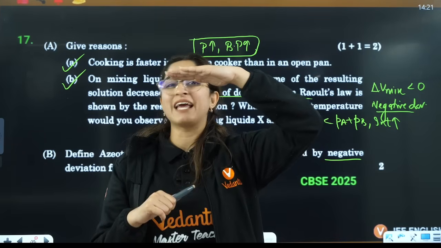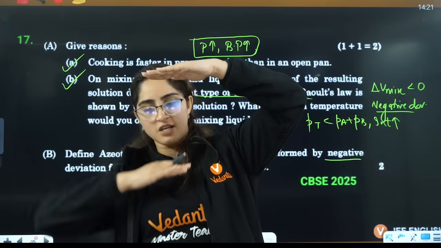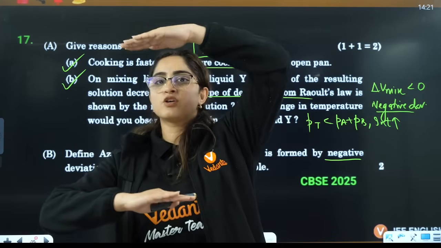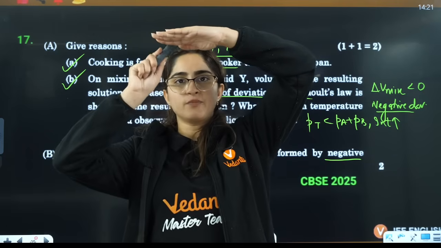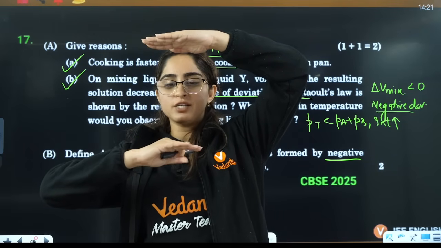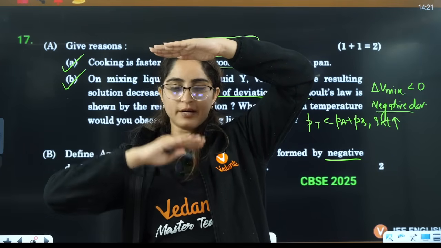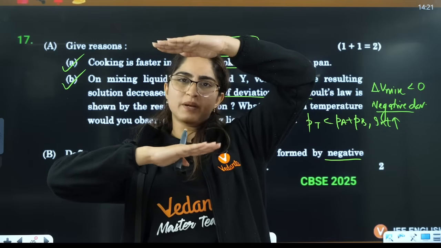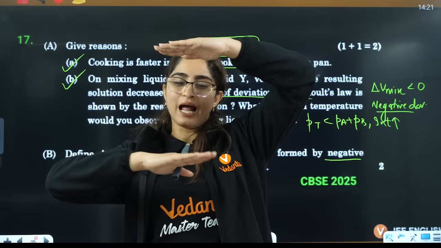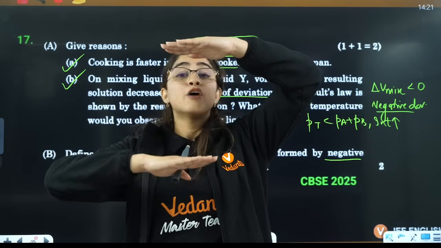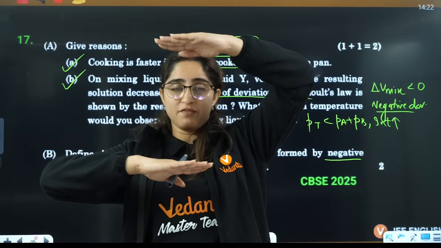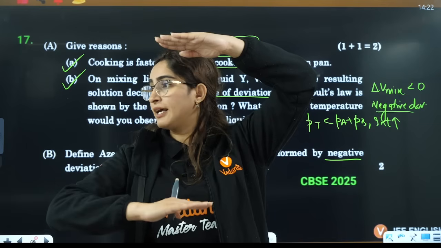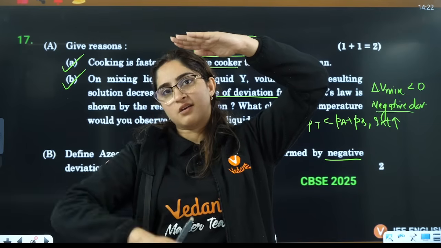Now if I say negative deviation, that means the vapor pressure of the liquid has decreased. This is the atmospheric pressure. Boiling point is when vapor pressure equals atmospheric pressure. Earlier this was the vapor pressure of pure liquids, and this is the boiling point. When you mix two liquids, because of negative deviation, their vapor pressure will decrease. Now this much is the boiling point.